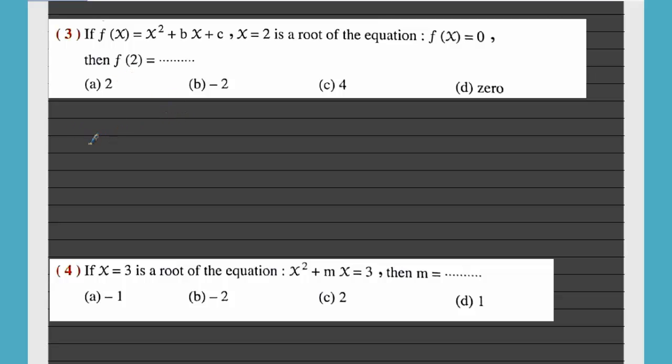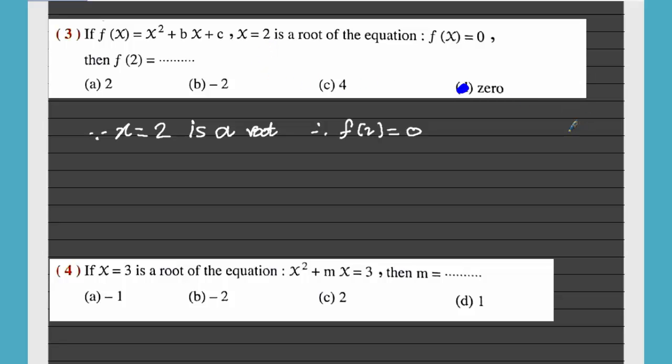So you can say, since x equals 2 is a root of the equation, then directly f of 2 equals 0. So f of 2 equals 0, and we choose letter D because 2 is a root of the equation.